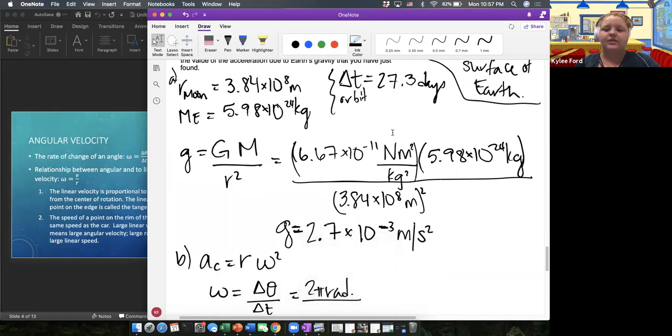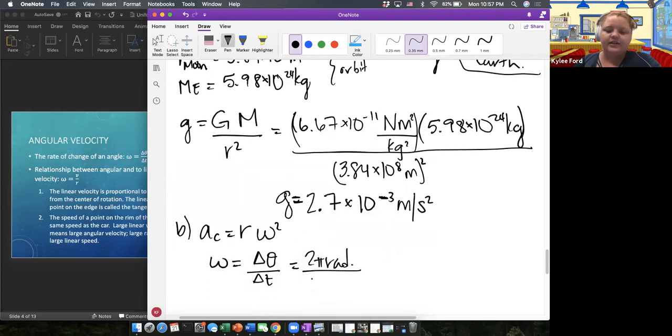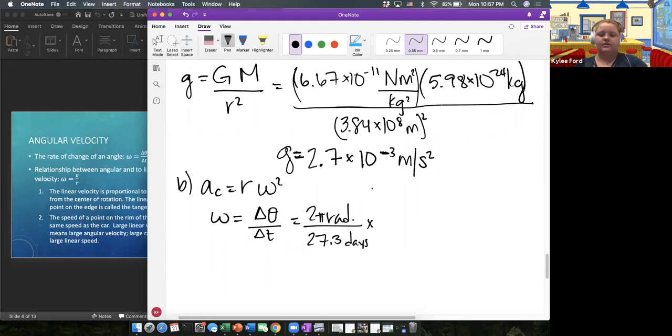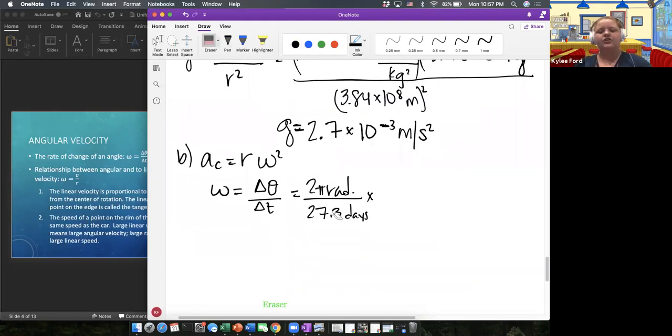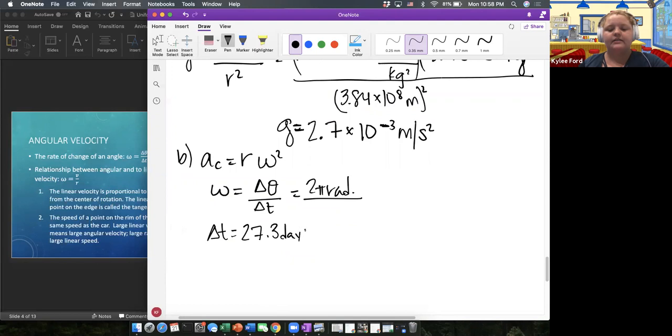That is going to be 27.3 days. So we'll have to convert that into seconds. Let me just write that on a separate line. It'll make it easier to read. So delta T is that 27.3 days.